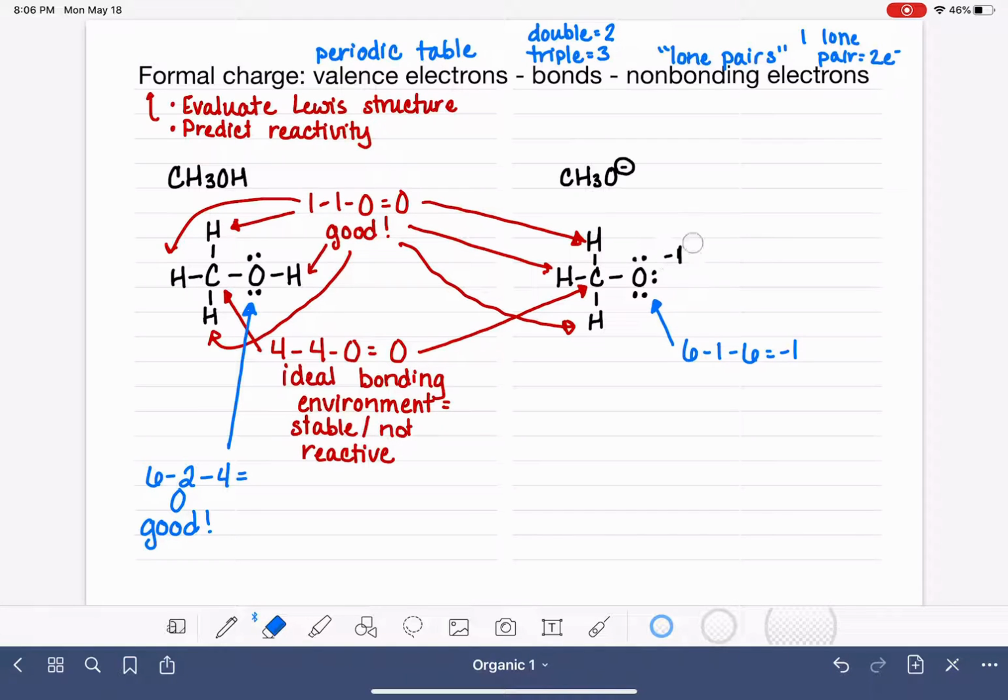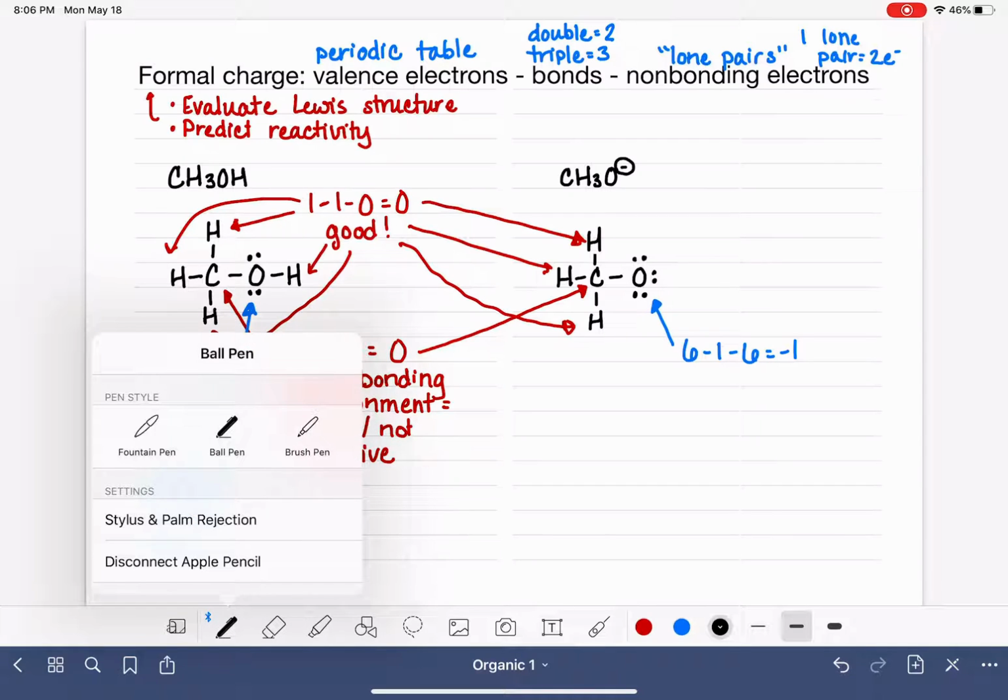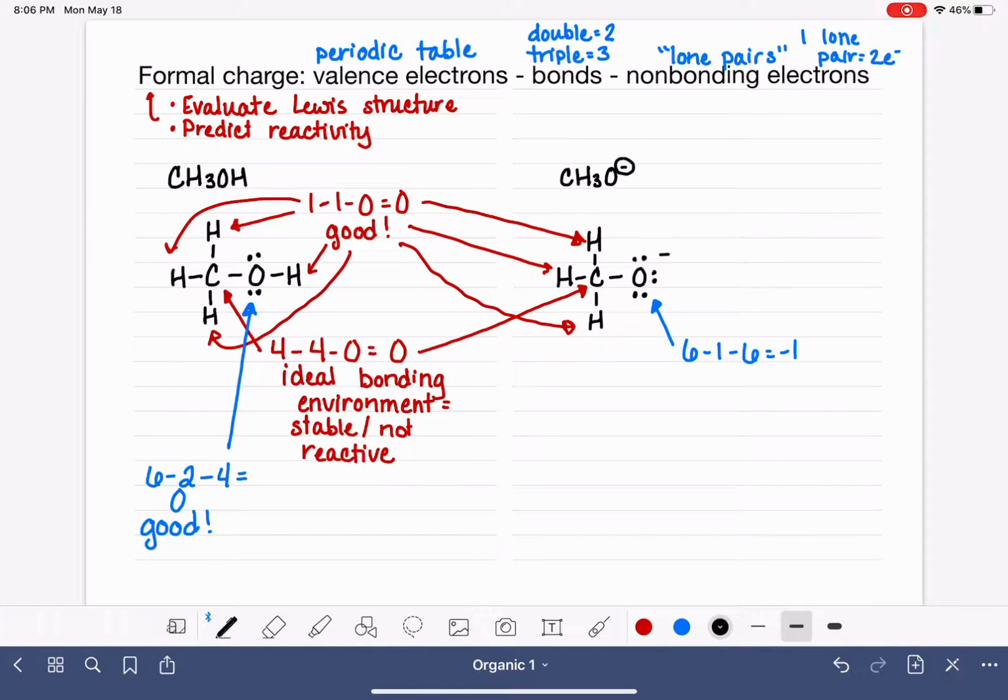Now you know from Gen Chem that when the charge is a -1 or a +1, a lot of times we just write the minus sign rather than writing -1 and draw the circle around it. And there isn't any rule that says that the charge has to be in the upper right-hand corner. We could draw it down here, or we could draw it really anywhere we wanted, as long as we were drawing it somewhere in the vicinity of the oxygen.